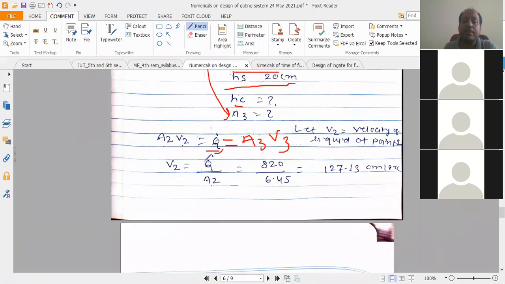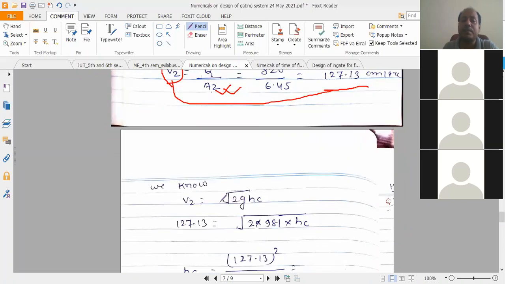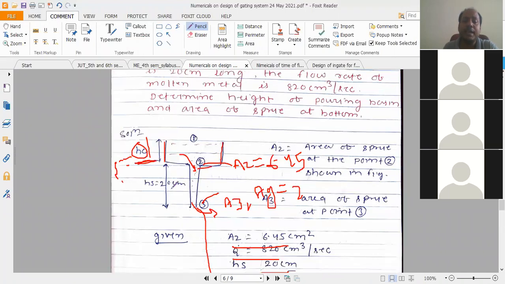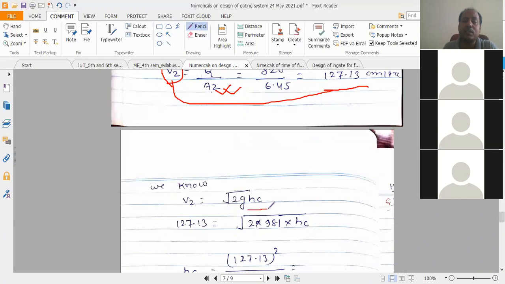First we apply it at point 2, so A2 V2 is equal to Q dot, the volume flow rate. So V2 can be determined because the area at point 2 is given, and the height of the pouring basin is not given. So the velocity will come out from here. So this one is 127.13. And when the velocity at point 2 is found, then my head is HC, so V is root 2 g HC at point 2.